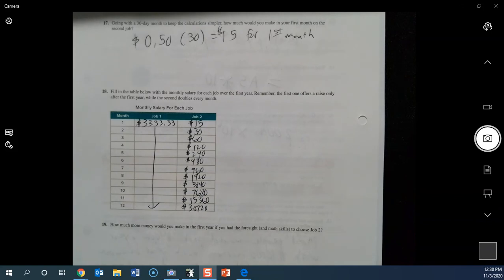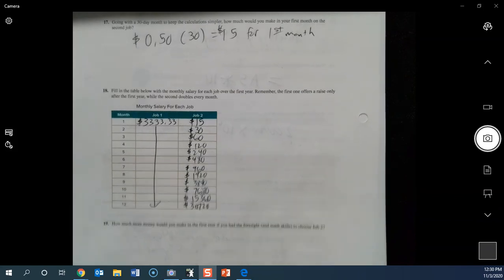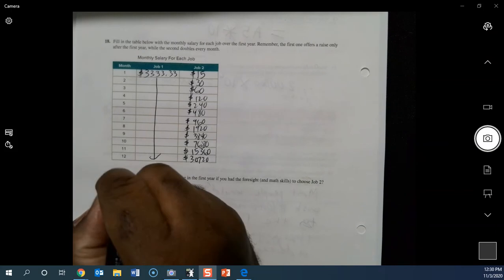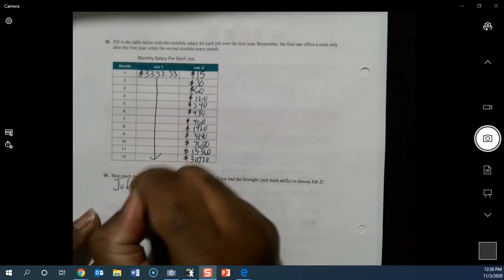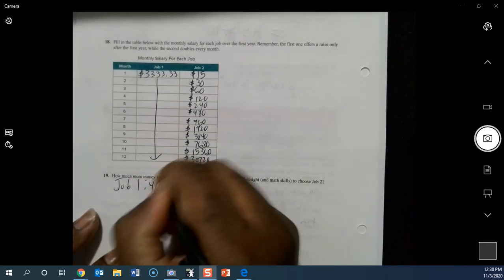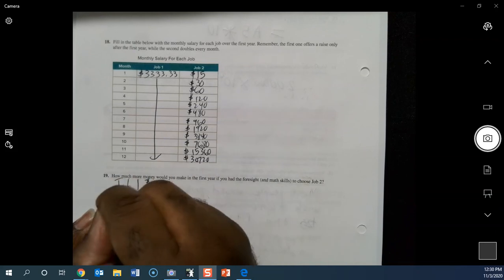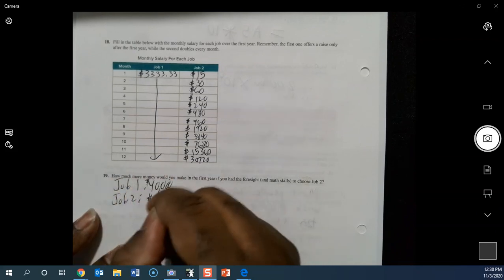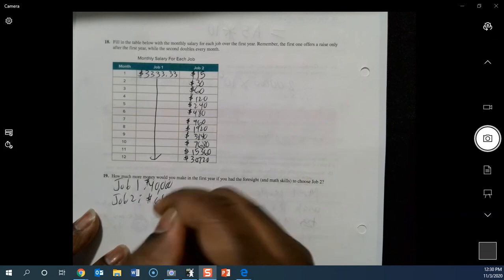So now it says, how much more money would you make in the first year if you had the foresight and math skills to choose job 2? Now job 1 will make you $40,000. Job 2 will make you $61,425.